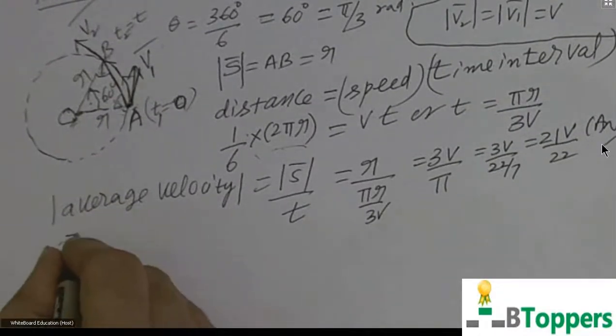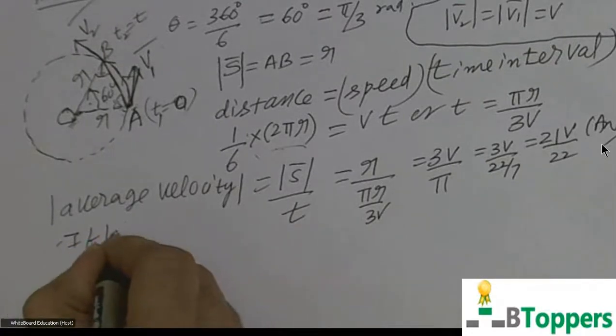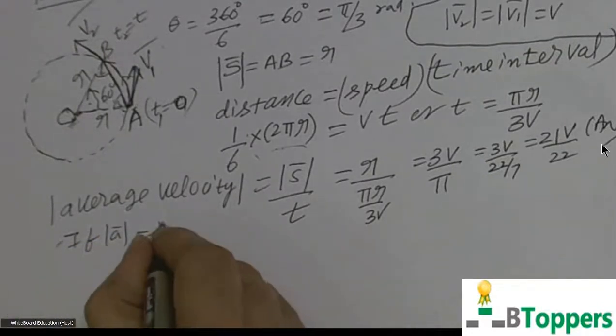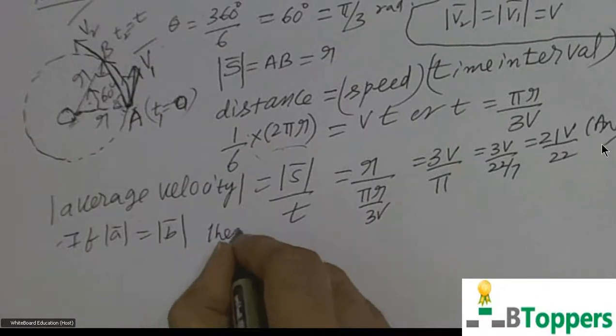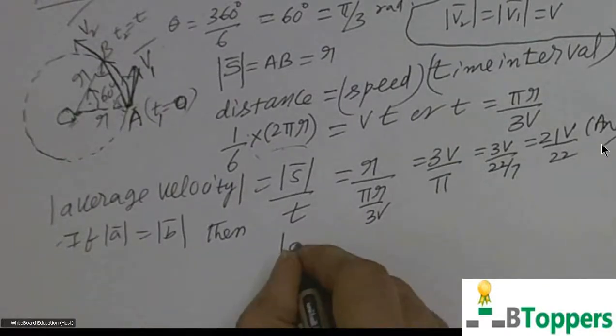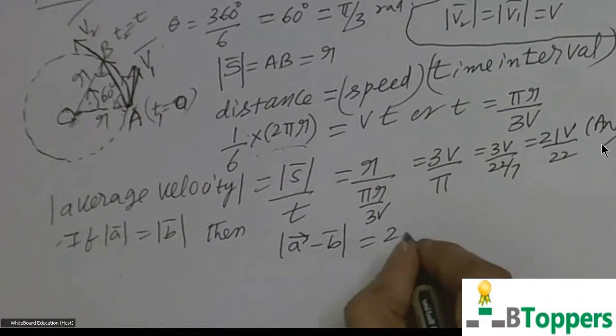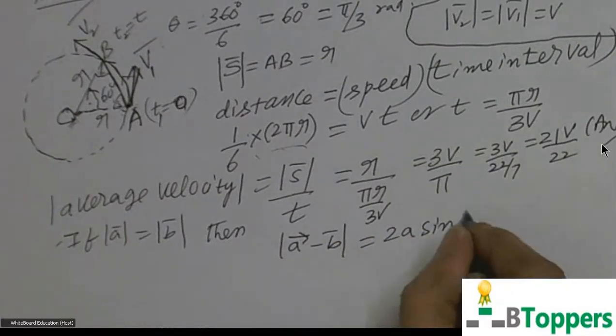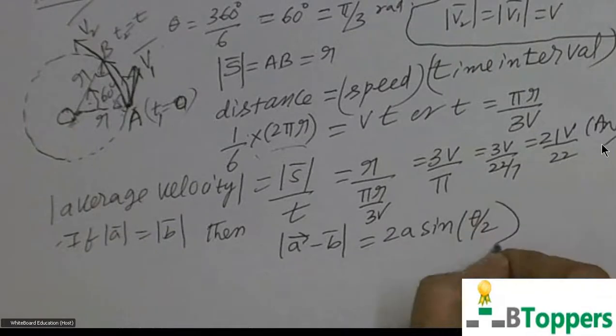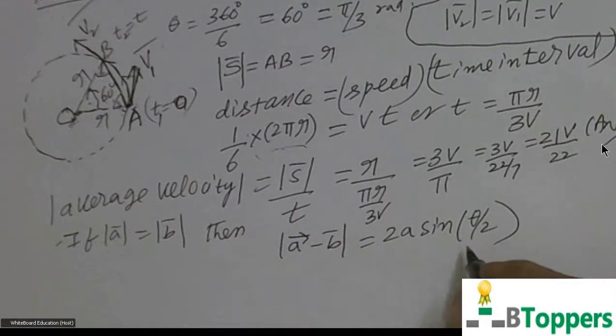If two vectors A bar and B bar have the same magnitude, then magnitude of the vector difference A bar minus B bar is given by 2A sine theta by 2. So in general, if two vectors A bar and B bar having the same magnitude are inclined to each other at an angle theta, then magnitude of vector difference A bar minus B bar equals 2A sine theta by 2.